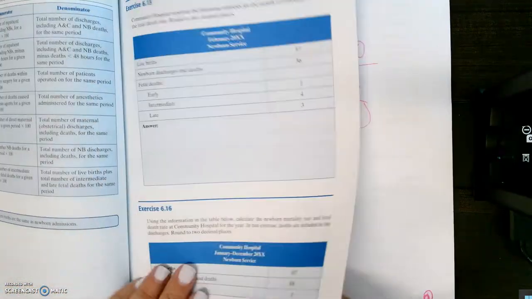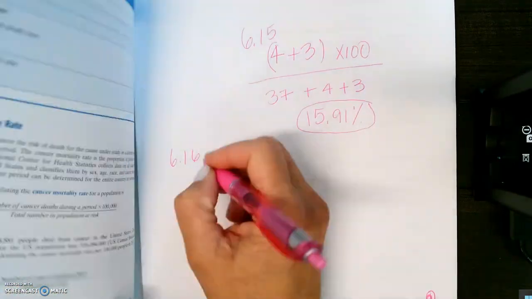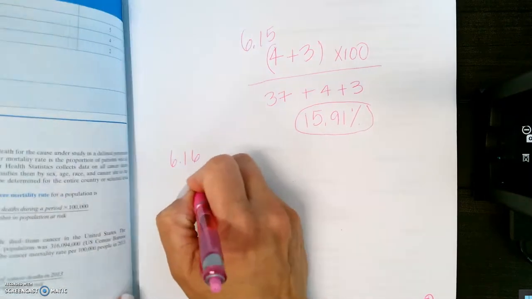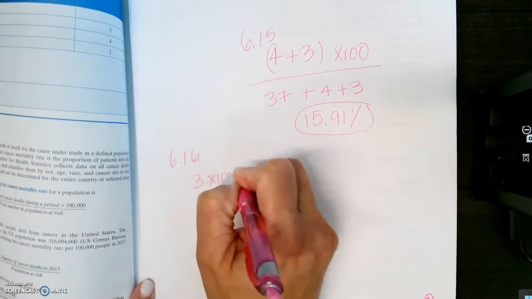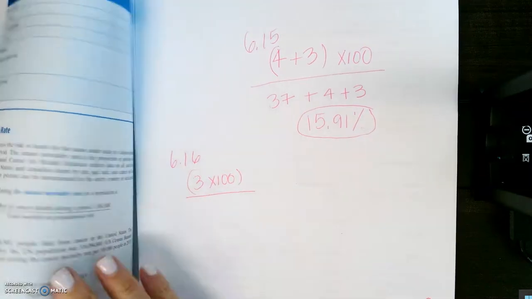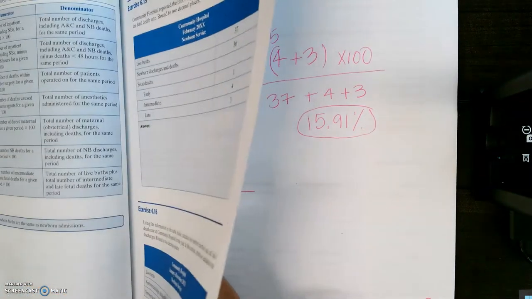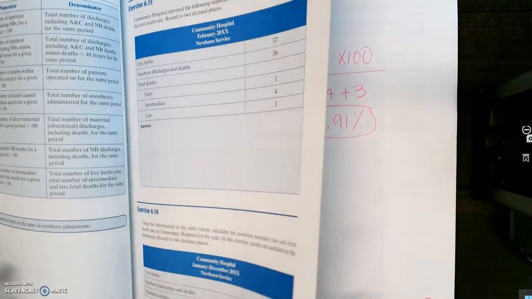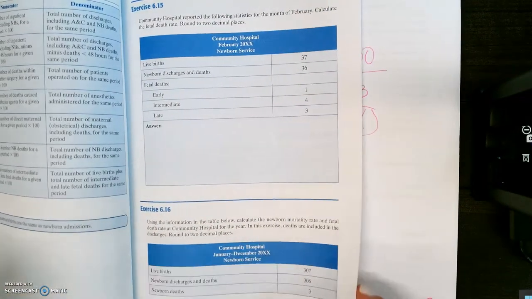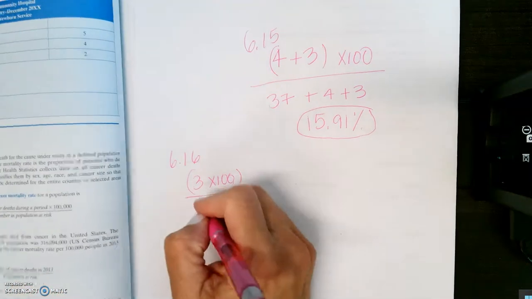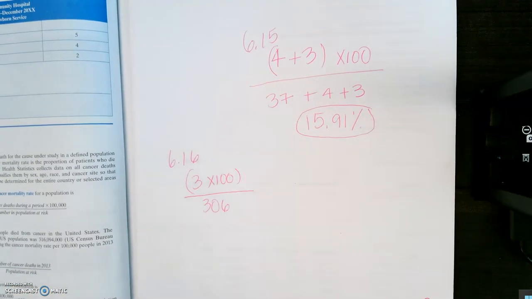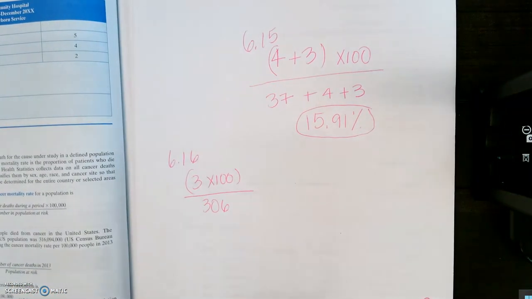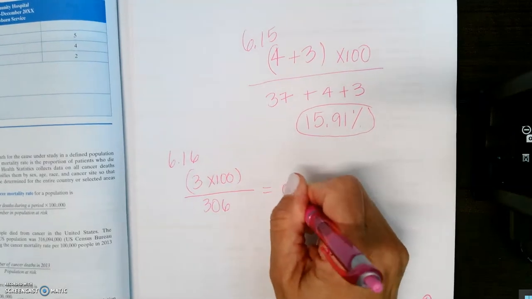We need the total number of newborn deaths, 3, multiplied by 100 over the total number of discharges, which we were told include the deaths. So we're just going to use 306 and not worry about adding anything back to it. So that's going to be 0.98%.